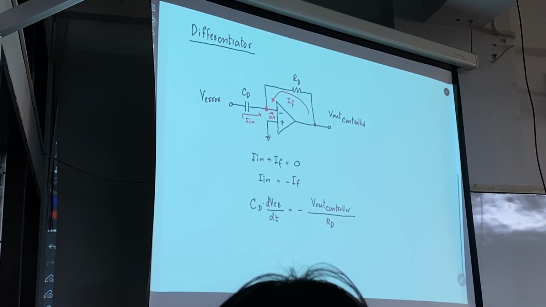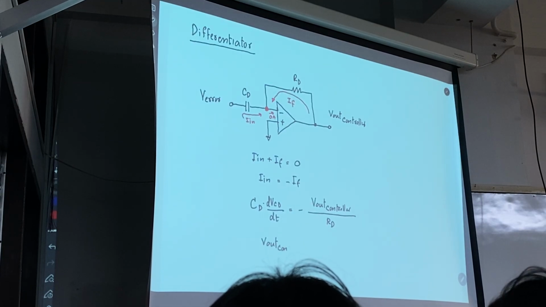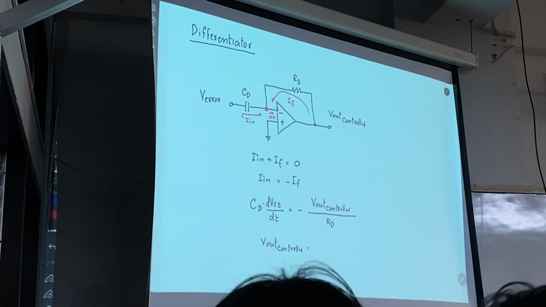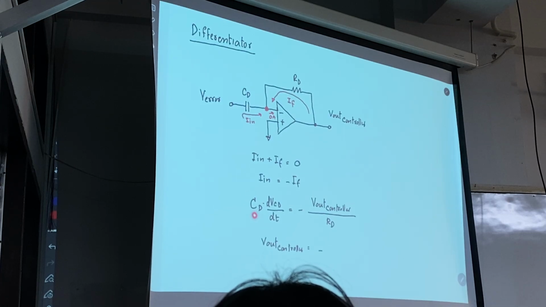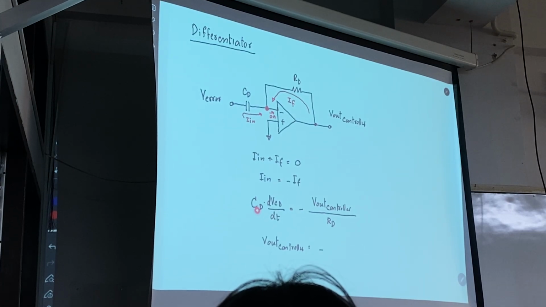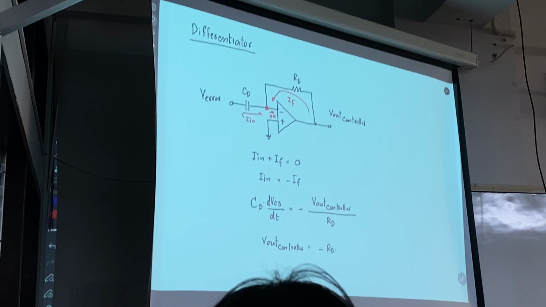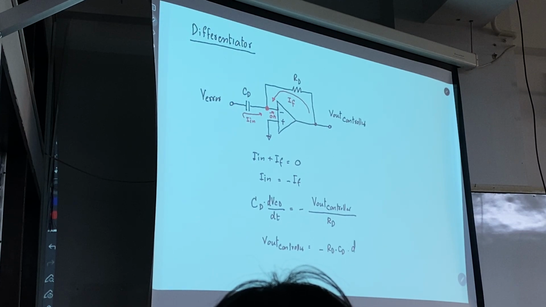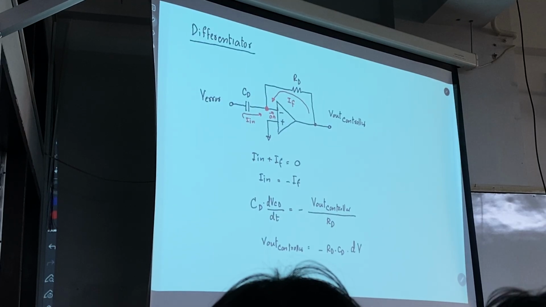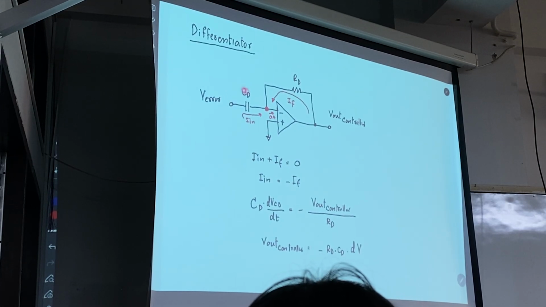Then try to rearrange the equations. At the end, I will get Vout of the controller equal to minus RD multiplied by CD multiplied by dV over dt, where V across CD is V in minus 0.